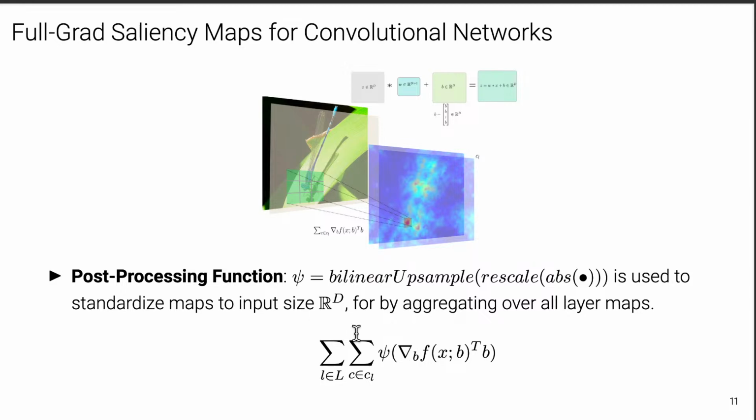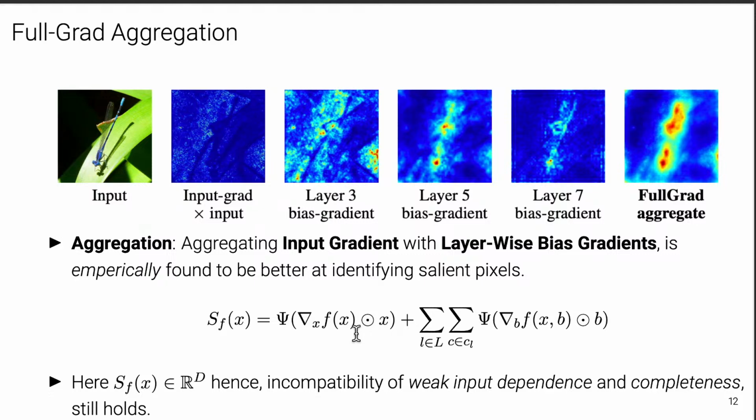When we combine this with the input gradients, we get an aggregation which not only takes the input gradients into account, but also takes into account the saliency of a region for a particular neuron across the layers.